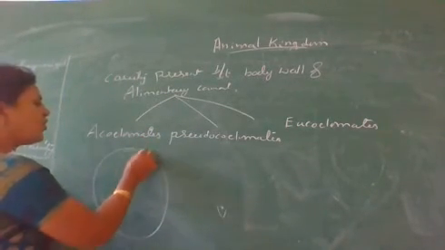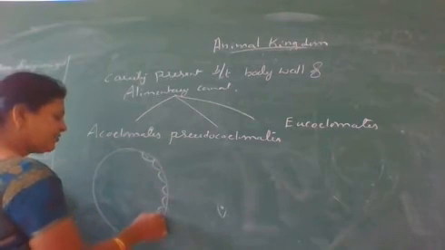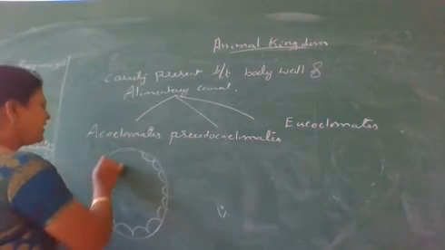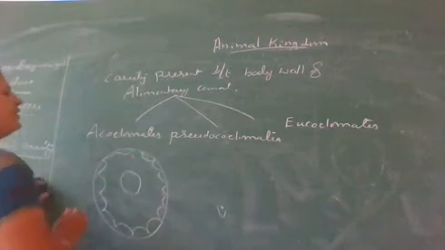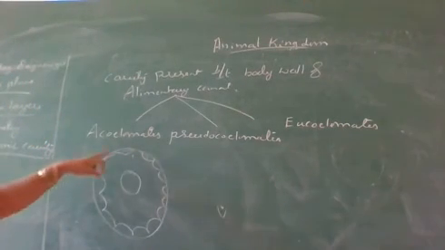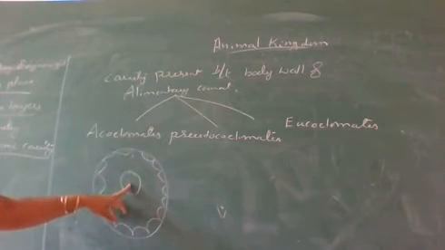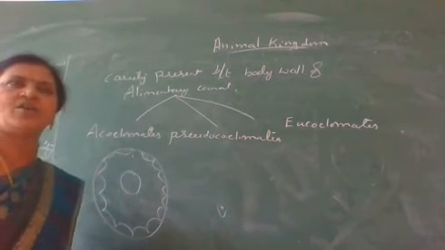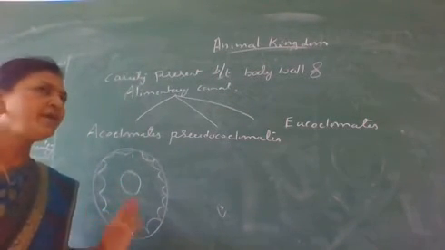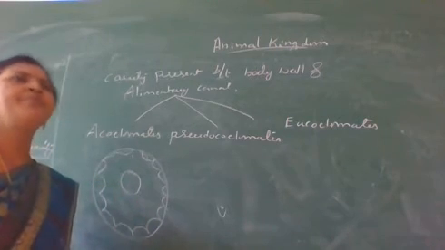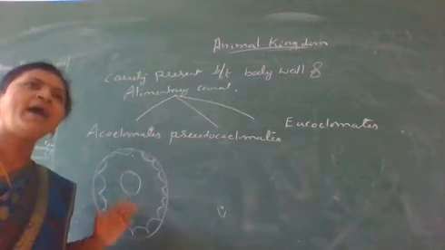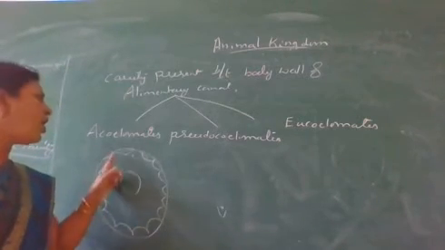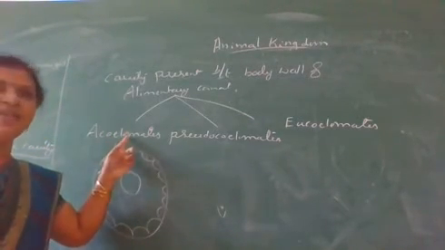Acoelomates are those animals where there is no body cavity between the body wall and the alimentary canal. There is no cavity present between the body wall and the alimentary canal.